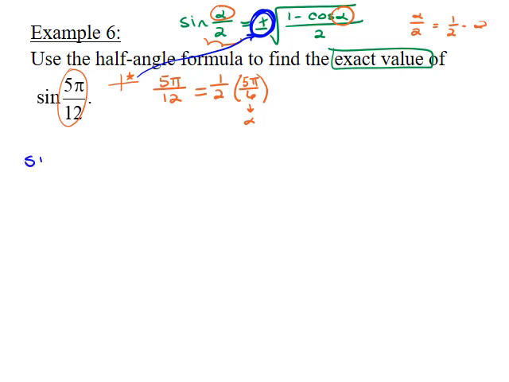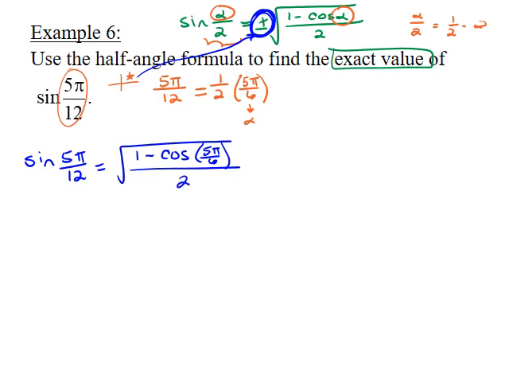Let's put this all together. Sine of 5 pi over 12 is equal to the positive radical of 1 minus cosine of 5 pi over 6, all over 2. Now we need to evaluate cosine of 5 pi over 6. 5 pi over 6 is not quite 6 pi over 6, which means it's in quadrant 2.